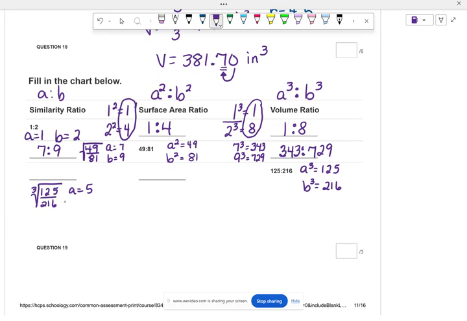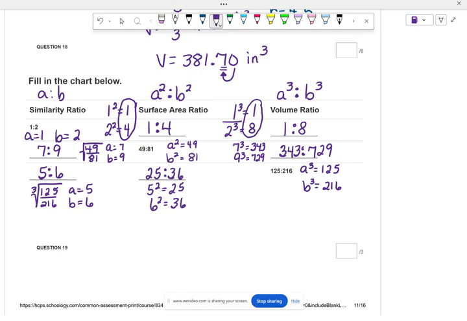The cube root of 216 would give us B is 6. Now to turn these into an area ratio, we have to square each number. 5 squared is 25. And 6 squared is 36. So our area ratio would be 25 to 36.